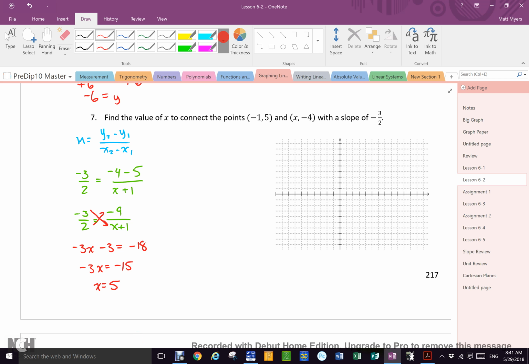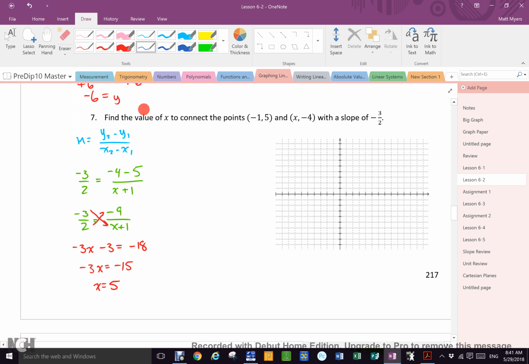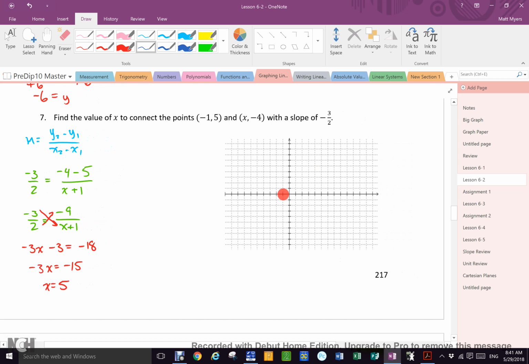Now, do the exact same thing, but do it graphically. Do you know any points over here? Negative 1, 1, 2, 3, 4, 5. Do you know anything else on this graph? You know the slope, and what else do you know? Where is the other point going to be?